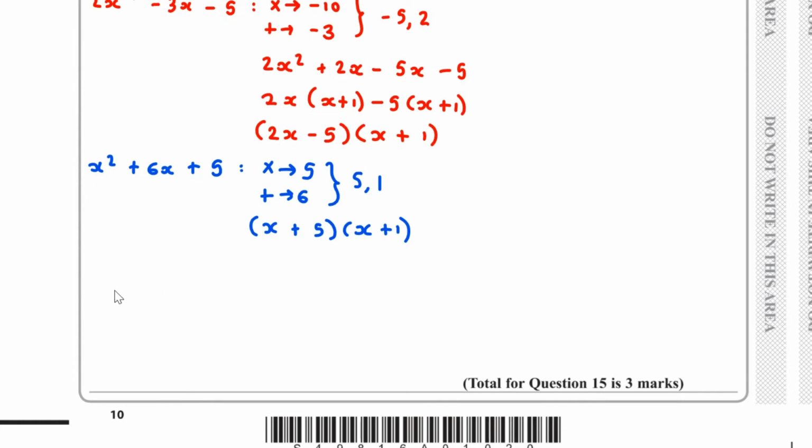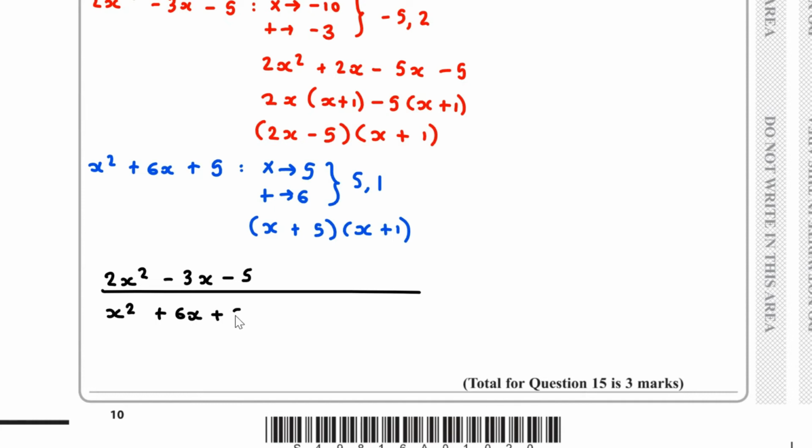Of course here, if we write out our fraction, 2x squared minus 3x minus 5 over x squared plus 6x plus 5 is equivalent to, well, here we have (2x minus 5) lots of (x plus 1) over (x plus 5) lots of (x plus 1).